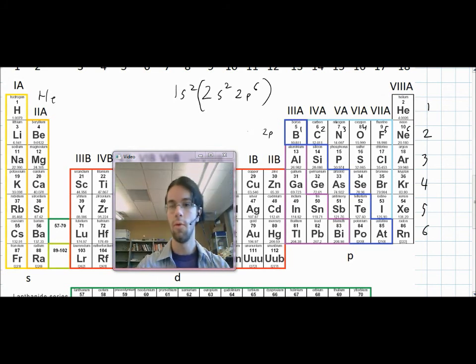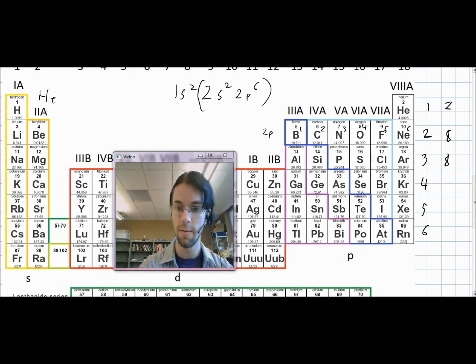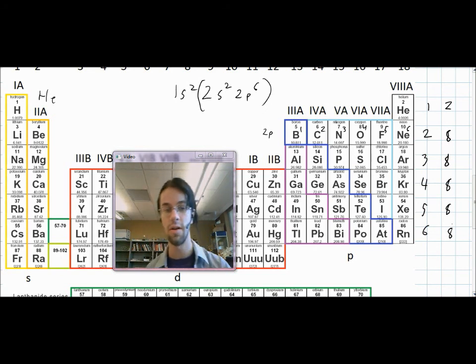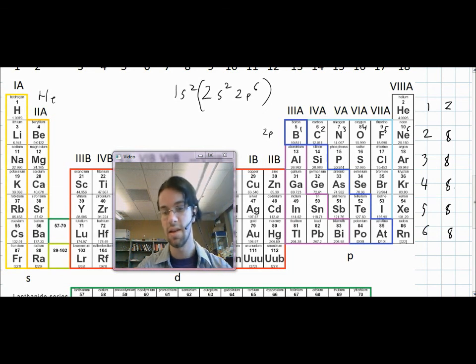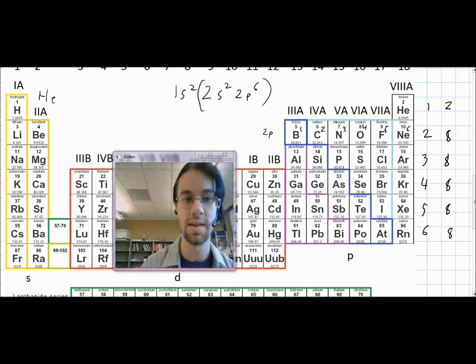Now, when you look at a full shell, helium has 2. Neon has the outermost shell filled with 8. Argon has the outermost shell filled with 8. Krypton has the outermost shell filled with 8. Xenon has the outermost shell filled with 8. And radon is kind of nuclear and sometimes breaks the rules, but this is the octet rule at its finest.